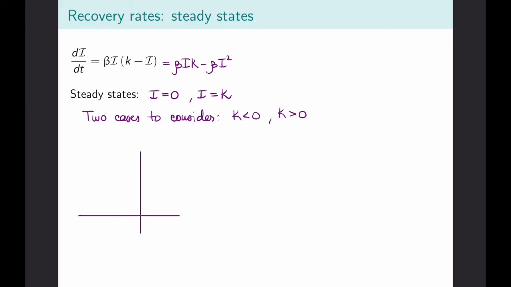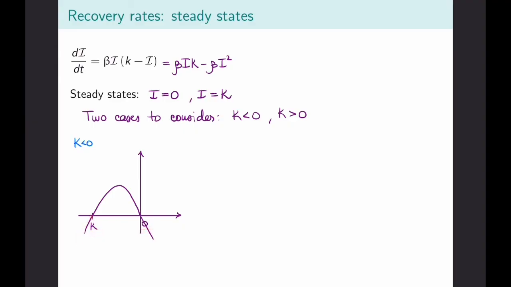So here is my phase diagram for k less than 0. And what do I have here? So this is my k, this is my 0. I know that my shape is an upside down parabola, and here is what that looks like. I can now, as before, place arrows on my horizontal axis to identify whether the found equilibria are in fact stable or unstable.